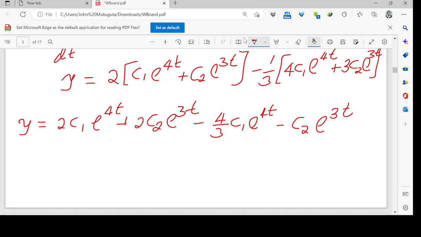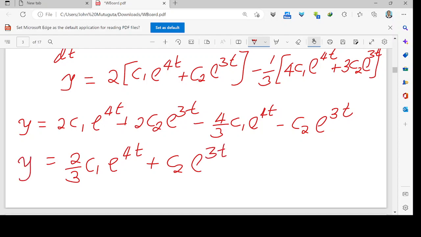If we add the like terms, we have 2c1 e raised to power 4t minus 4 over 3 c1 e raised to power 4t. So we have 2 minus 4 over 3. That will give us 2 over 3 c1 e raised to power 4t. The next term is 2c2 minus c2. That will give us plus c2 e raised to power 3t.